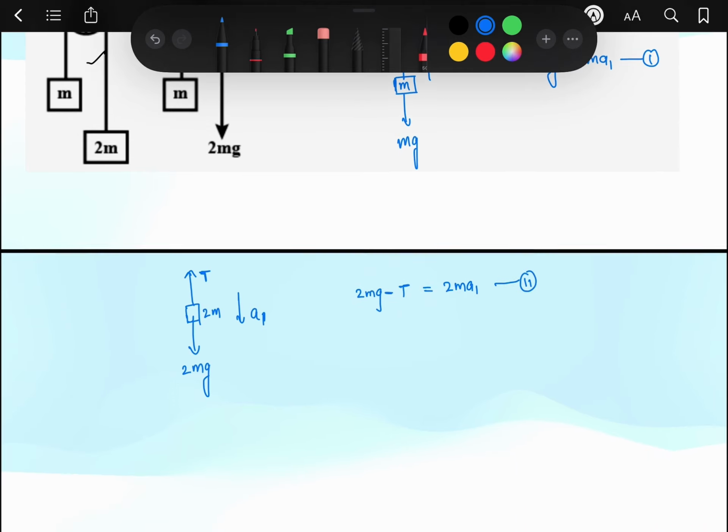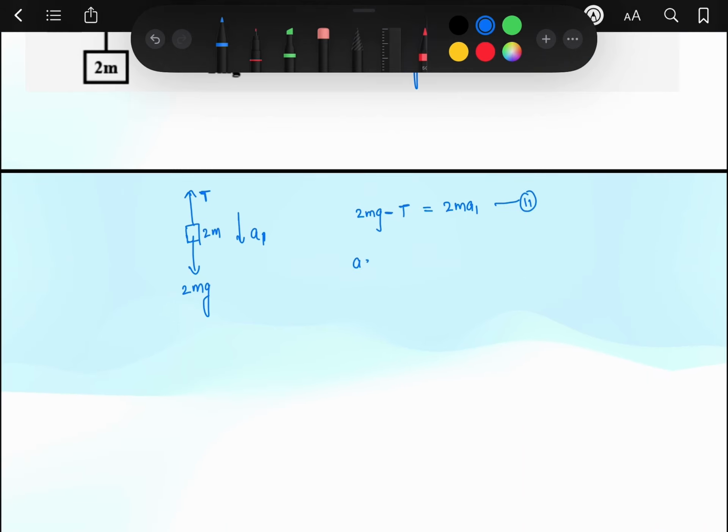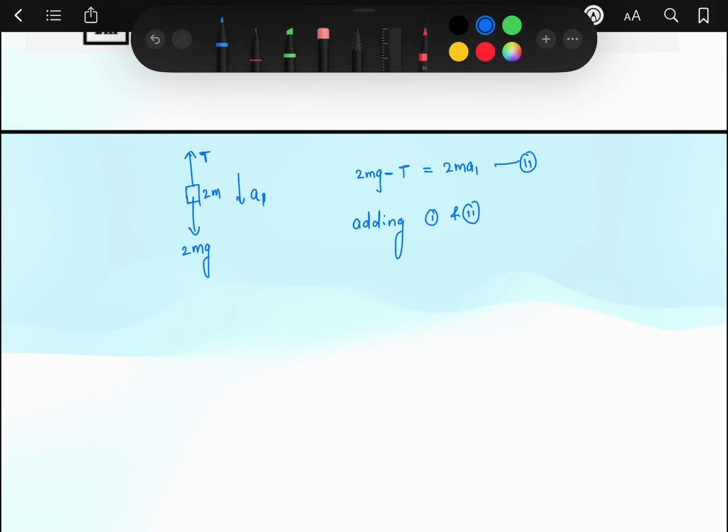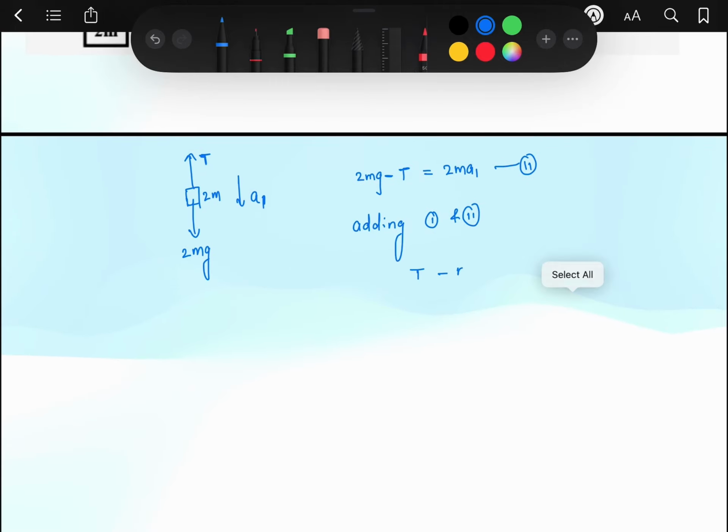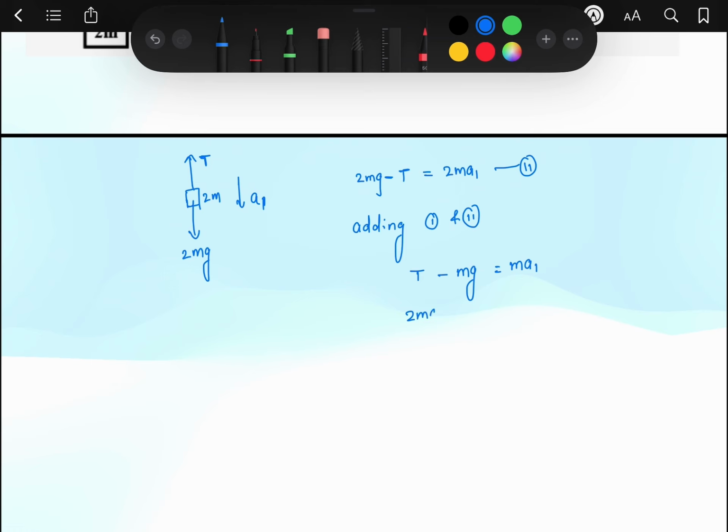Now adding up these two equations, equation number 1 is T minus mg equal to m into a1, and equation number 2 is 2mg minus T equal to 2m into a1.